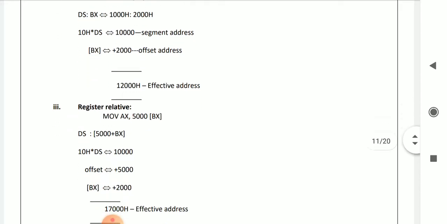Next, register relative. Remember, wherever the term relative comes in an addressing mode, there will definitely be a displacement. The displacement here is 5000.